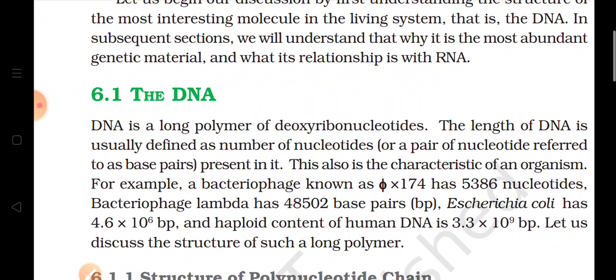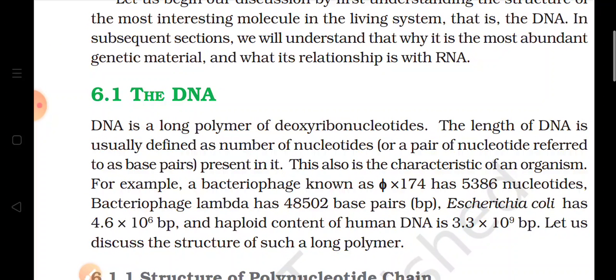For example, a bacteriophage has 5386 nucleotides, whereas in human DNA, the haploid content of DNA consists of 3.3 × 10^9 base pairs. In the same way, E. coli has 4.6 × 10^6 base pairs.